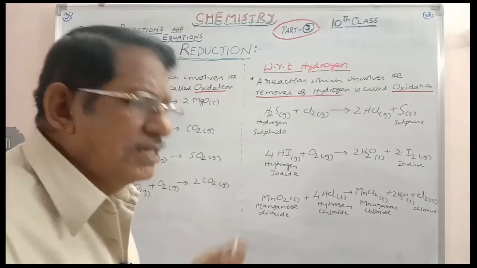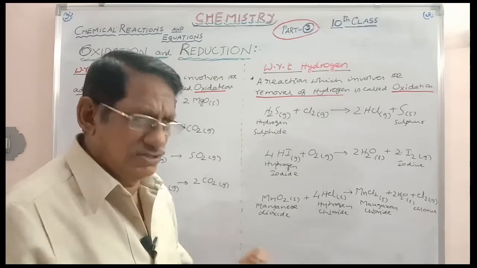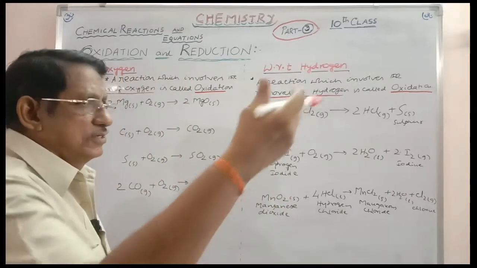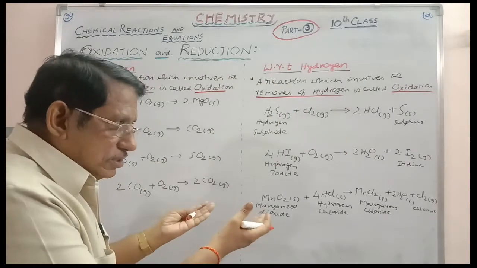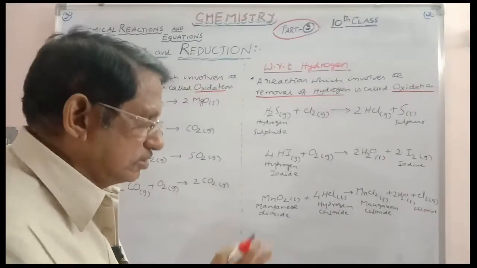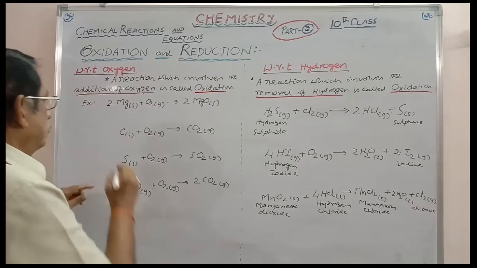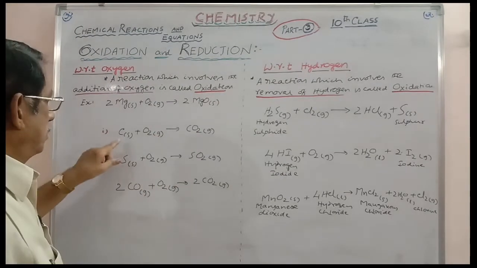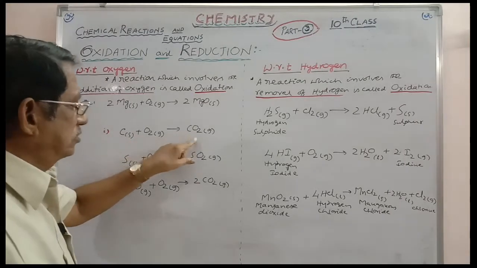Now let us consider certain examples of addition of oxygen. Already we discussed exothermic and endothermic reactions, and here we are not representing any heat content, just reactions. First we are taking carbon burnt in air, carbon converted into carbon dioxide gas.